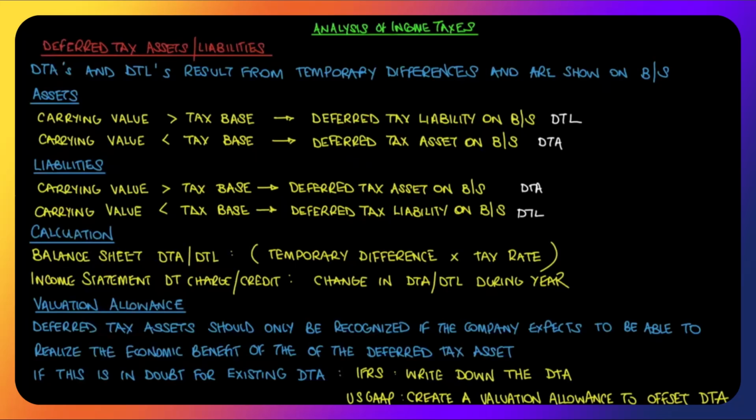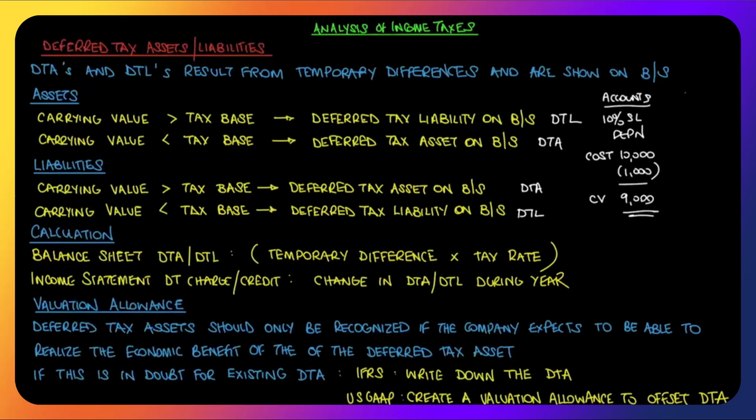Now, to make sure we're clear on this, let me give you the absolute classic example. Let's say in the income statement, we are charging 10% straight line depreciation. So let's say we have an asset with historic cost of 10,000 and we've charged 1,000. Carrying value is 9,000.